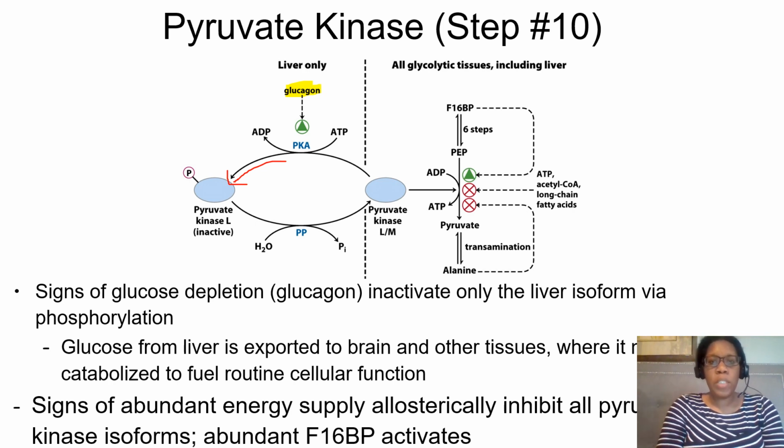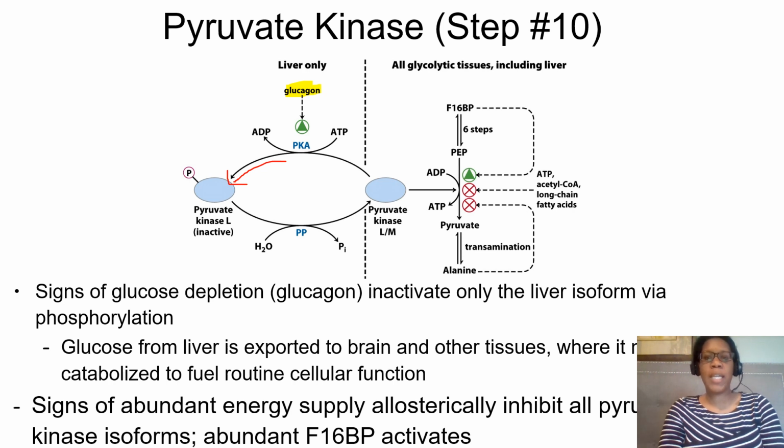In all other tissues, including the liver, we see allosteric activation or inhibition. So when there is a high concentration of alanine, we inhibit pyruvate kinase. Well, alanine is just a product of the transamination of pyruvate. So high concentration of alanine means high concentration of pyruvate, and that inhibits pyruvate kinase.